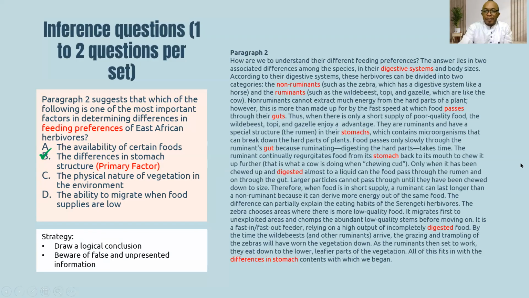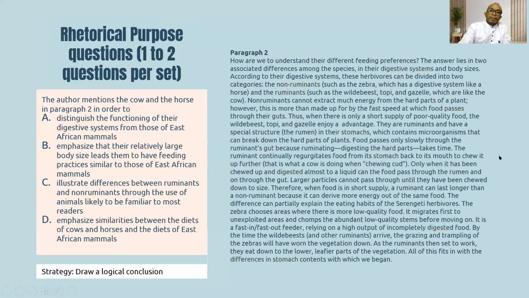Okay, all right. The next type, we have the rhetorical purpose question, and this one asks you to identify the reason why the author mentions, includes or does something in their writing when they created the passage. So here the question asks, the author mentions the cow and the horse in paragraph 2 in order to what?